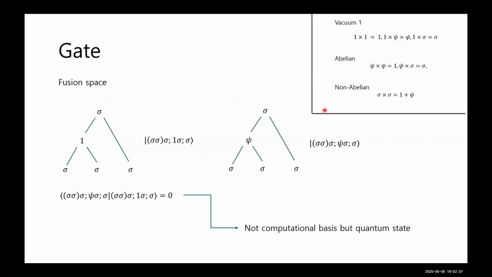The first one, their result is going to be one, so that is possible in this fusion set. And their final result is going to be sigma. And we can define this as a psi because it is possible from the fusion rule. And because their fusion route is independent, we can define they are going to have the orthogonal basis. But this is not a computational basis. I'm going to explain it later.